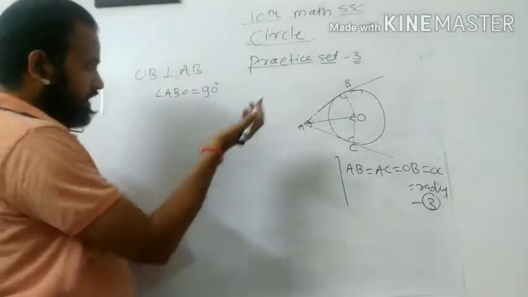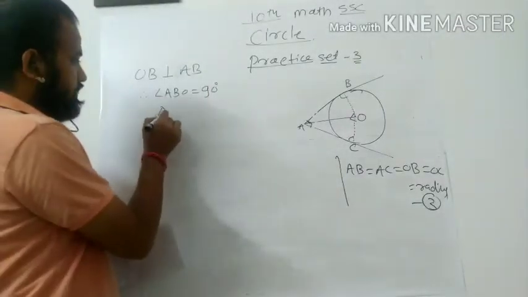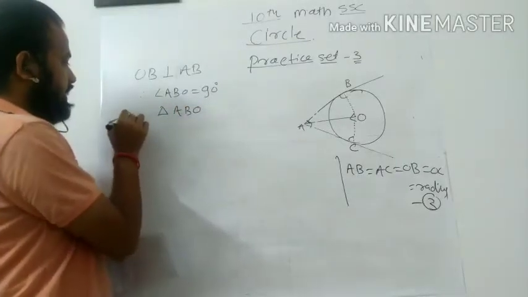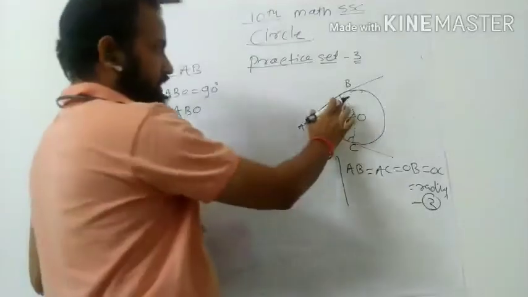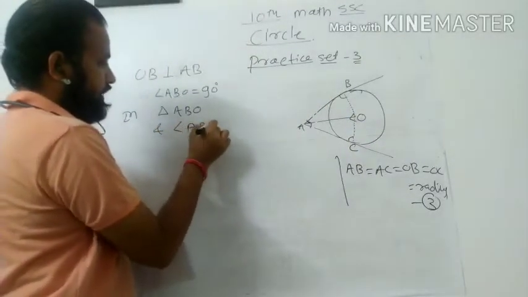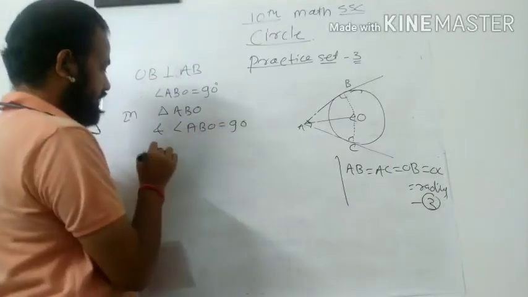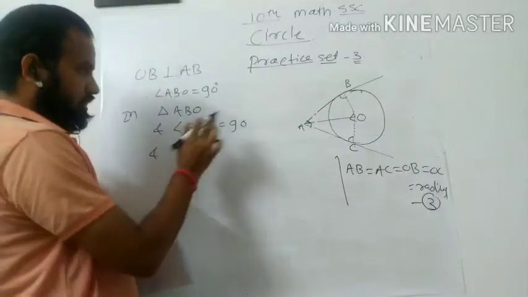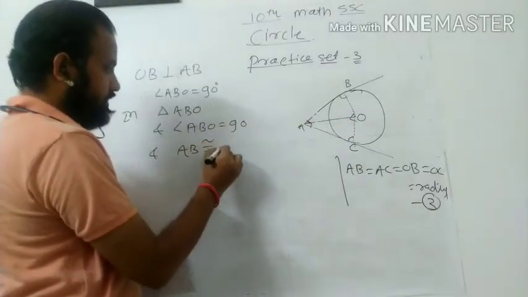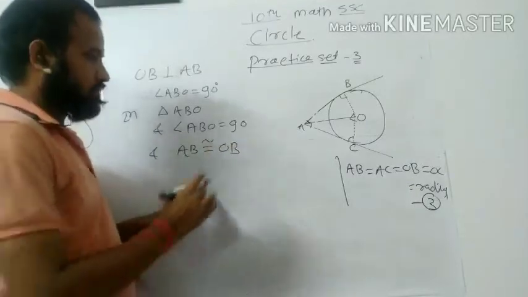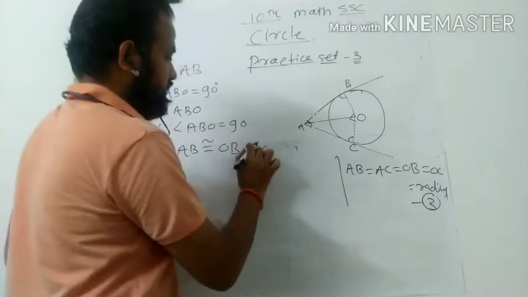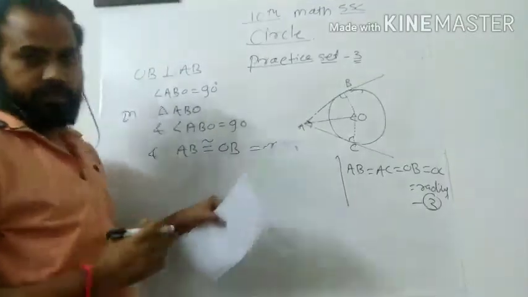Similarly, I am going to consider this triangle ABO. This angle ABO is 90 degrees, and this side AB is congruent with side OB, because both are radii of the same circle, whose value is equal to R, so they are congruent, isn't it?